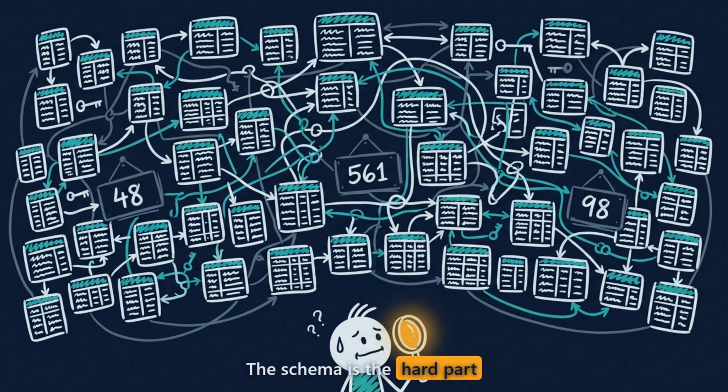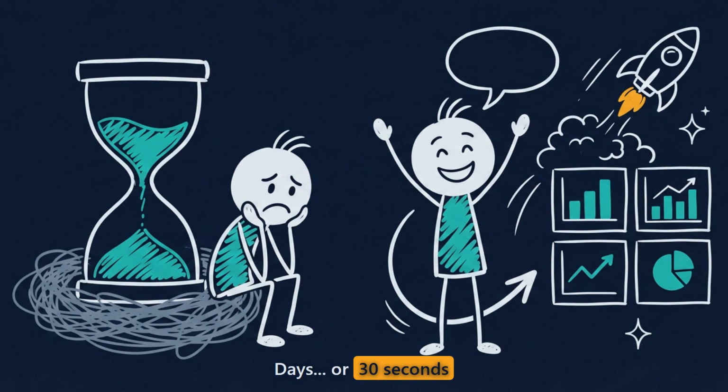This is Wide World Importers, a production-scale database, and it is genuinely hard. 48 tables, 561 columns, 98 foreign keys. Even an experienced developer needs 10 to 20 minutes to write one correct join. Now flip it.